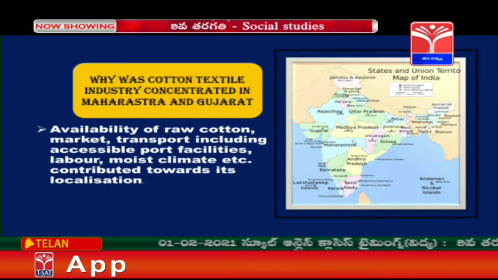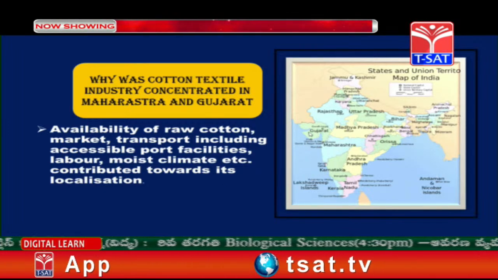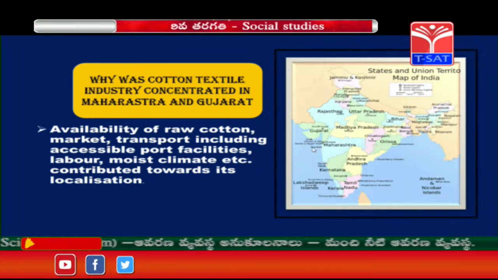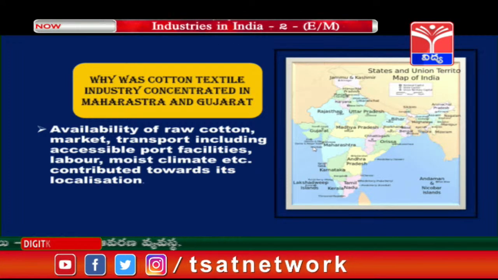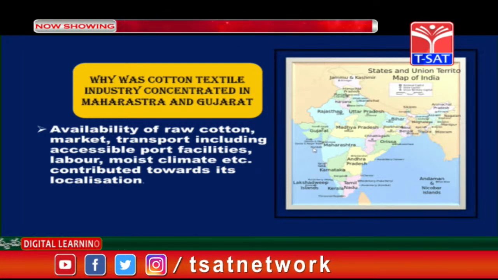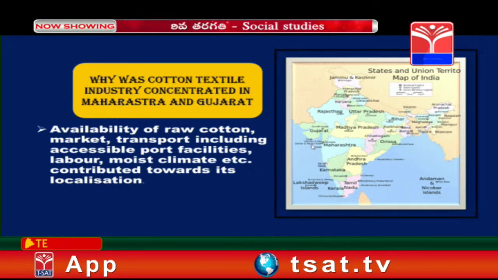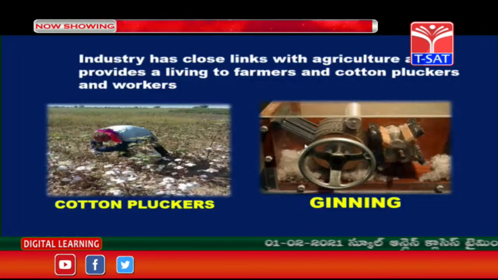As you can see here, Gujarat and Maharashtra are in the coastal areas, so port facilities are also available. So due to availability of raw materials, transportation and also the moist climate, which is very much necessary to produce cotton, cotton textiles are concentrated in Maharashtra and Gujarat.